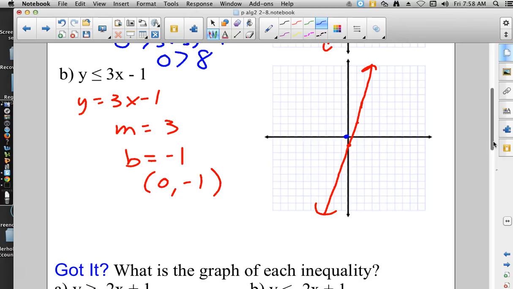So let's try it. Is 0 less than or equal to 3 times 0 minus 1? So is 0 less than or equal to -1? Oh, doesn't work. Well, now this time we shade over here.